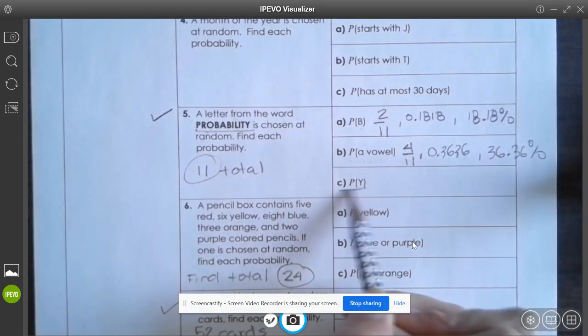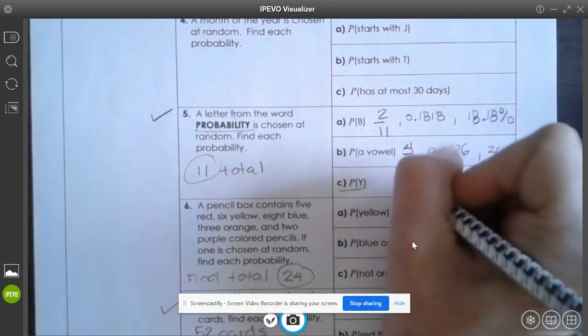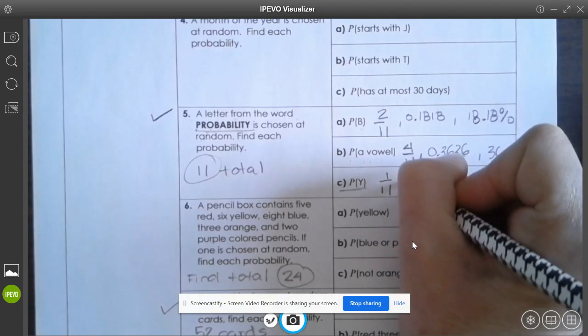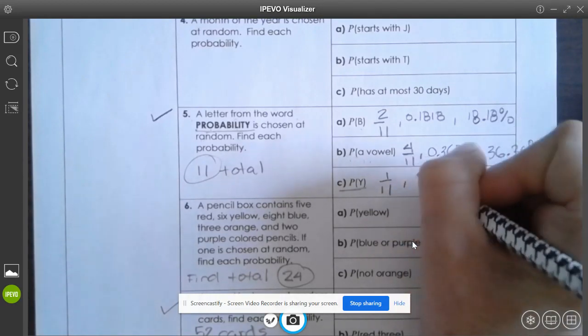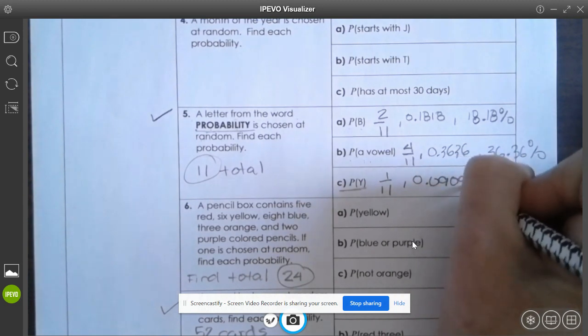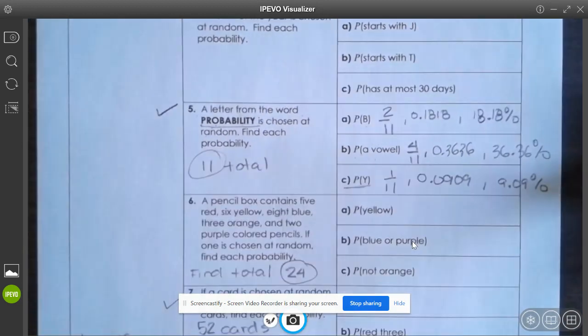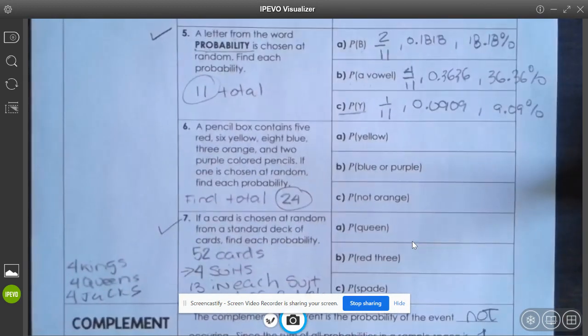What's the probability that I get a Y? How many Y's are there? It's 1, right? So 1 over 11. You divide 1 by 11, you get 0.0909 times 100 is 9.09%. And that's all I have to do in these examples.